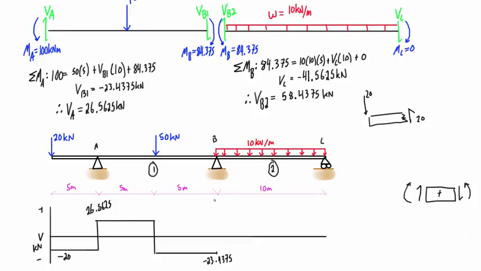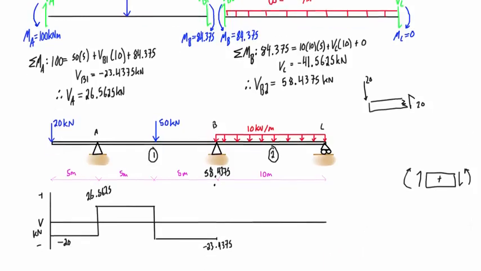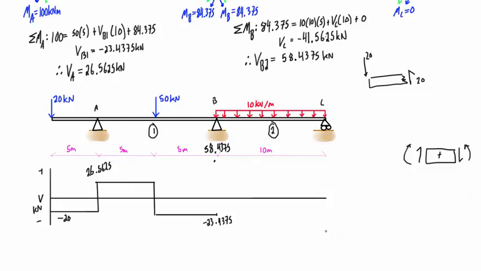So we come way up here, and this is going to be 58.4375 kilonewtons, and then down here at VC we hit negative 41.5625. We might have to scroll down a little bit to make some room for this. This is going to be negative 41.5625 kilonewtons.